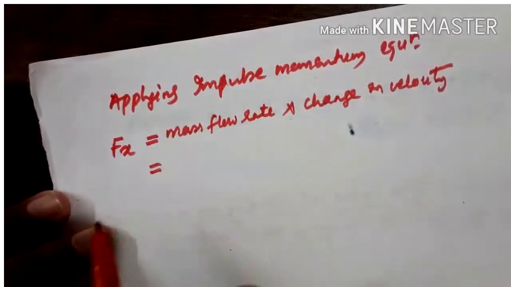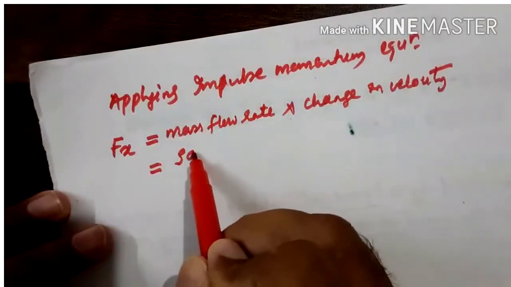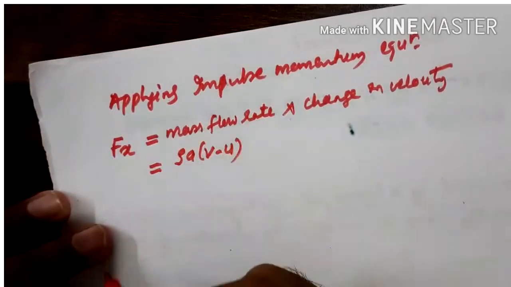So here the mass flow rate to be taken is rho a v minus u.